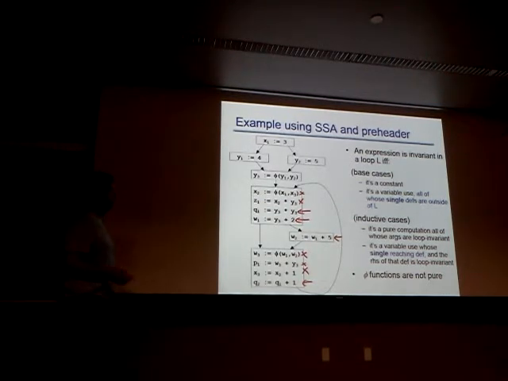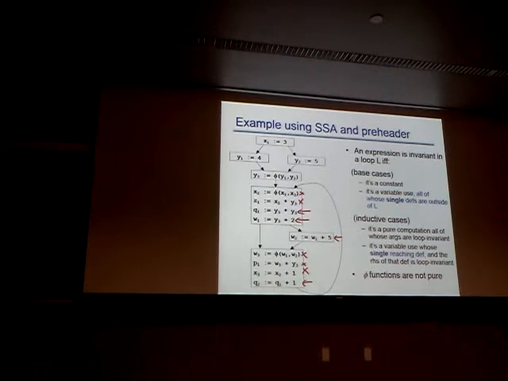Could you have a rule saying that if everything in the phi node is loop invariant, with the exception of a self-reference, you could pull it out? Wait, you mean labeling loop invariant?